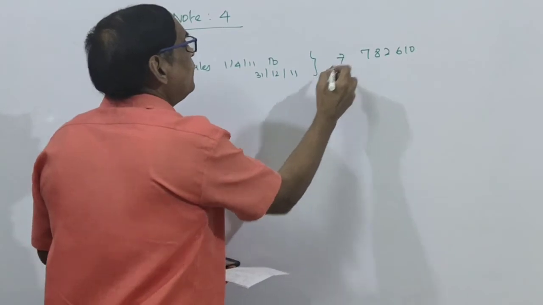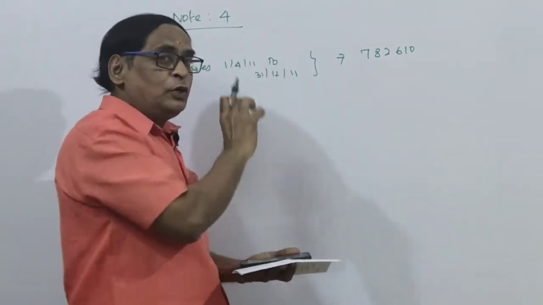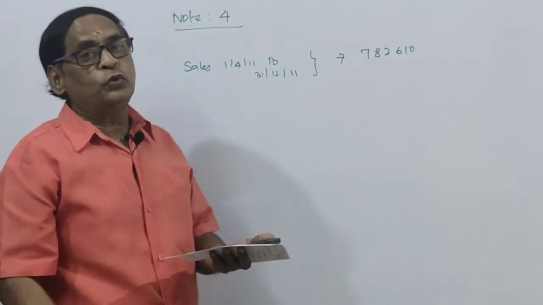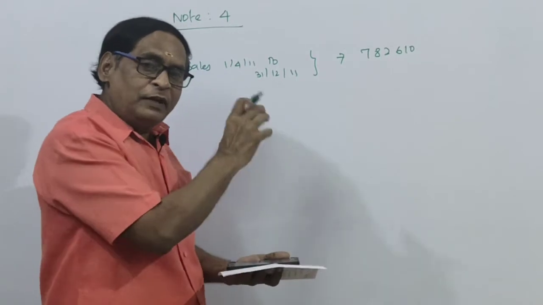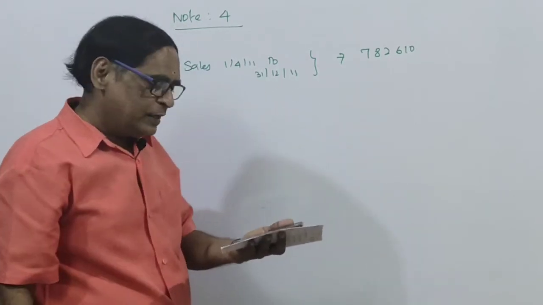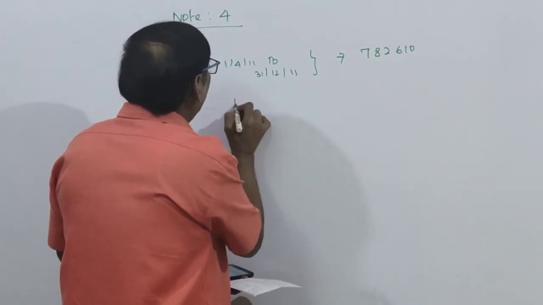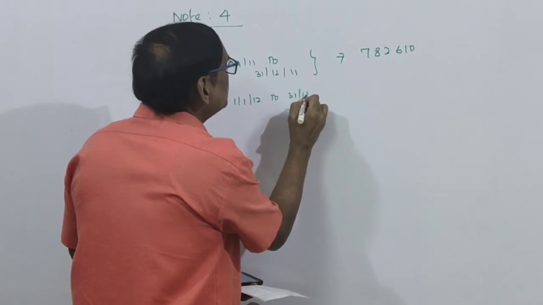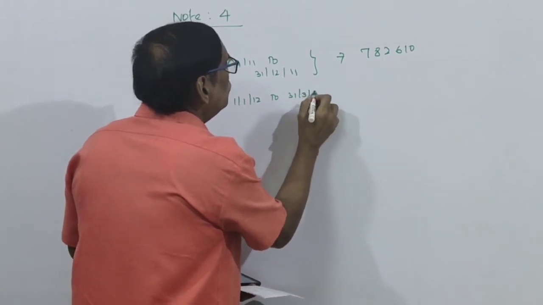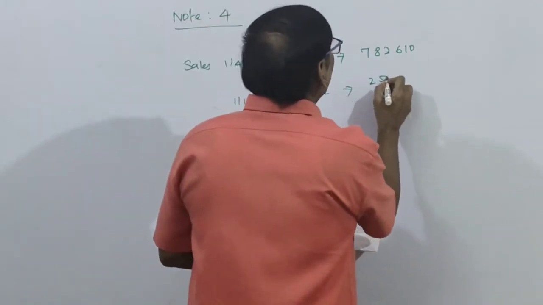So the period for adjusted turnover is 1st April 2011 to 31st March 2012. For the other period of 3 months, 1st January 2012 to 31st March 2012, that figure, 2,50,000, is given in the question paper itself.